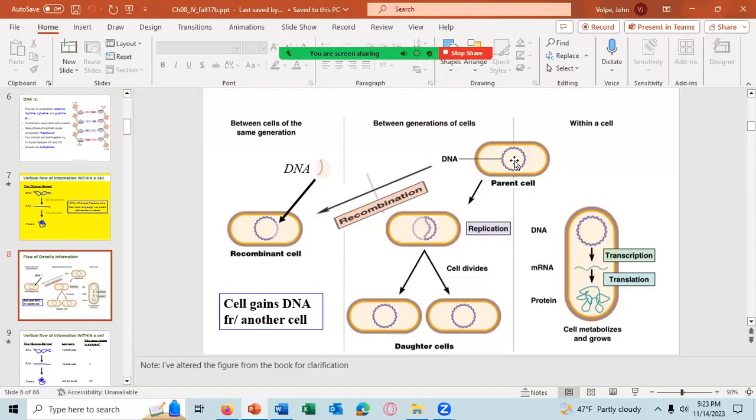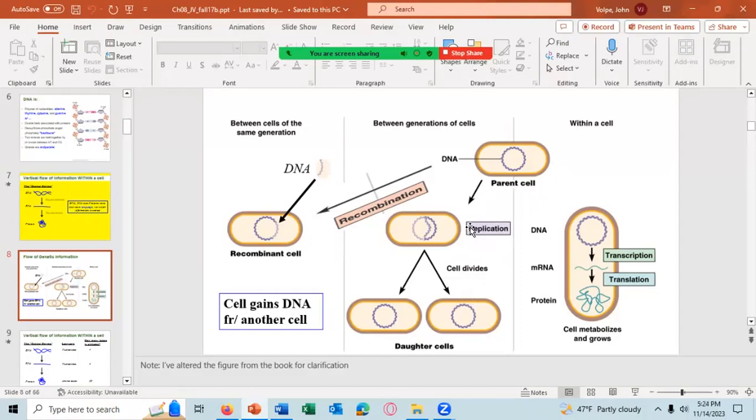And so the flow of information between generations of cells, or between generations in people, happens from the parent or the parent cell to the daughter cells by DNA replication. And then the cell divides. Any question about that? And if I remember this correctly, which I might not, this is the vertical flow of information.